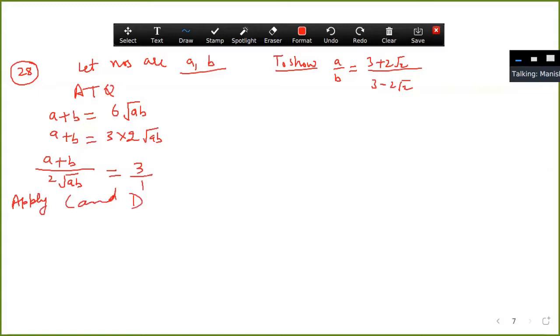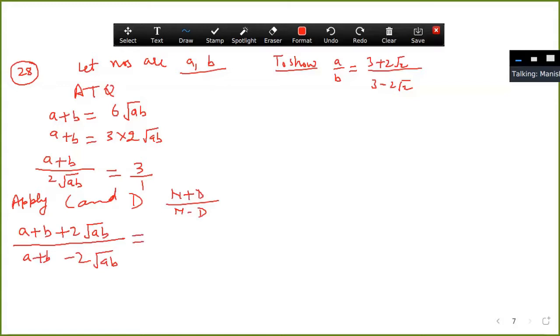In componendo and dividendo, you have to add the denominator to the numerator, and subtract and write in the denominator. That means (n plus d) upon (n minus d): numerator plus denominator, and numerator minus denominator in the denominator. Here again in the right hand side also you have to do the same.